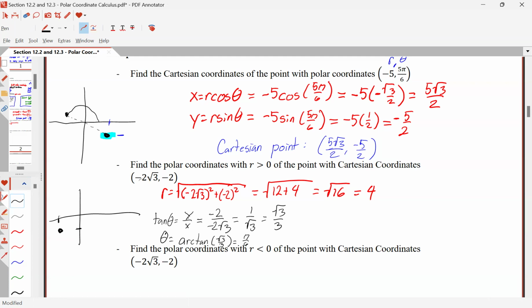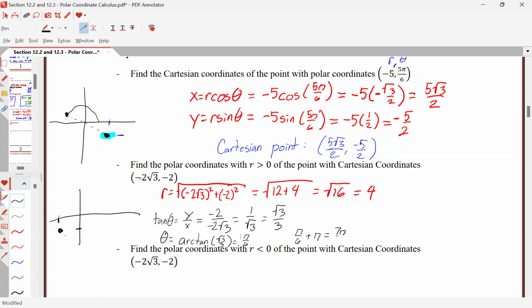But arctangent only gives us values in the first and fourth quadrants. We want something in the third. So we can take this pi over 6 and add pi. And that will give us another angle that has the same tangent value.